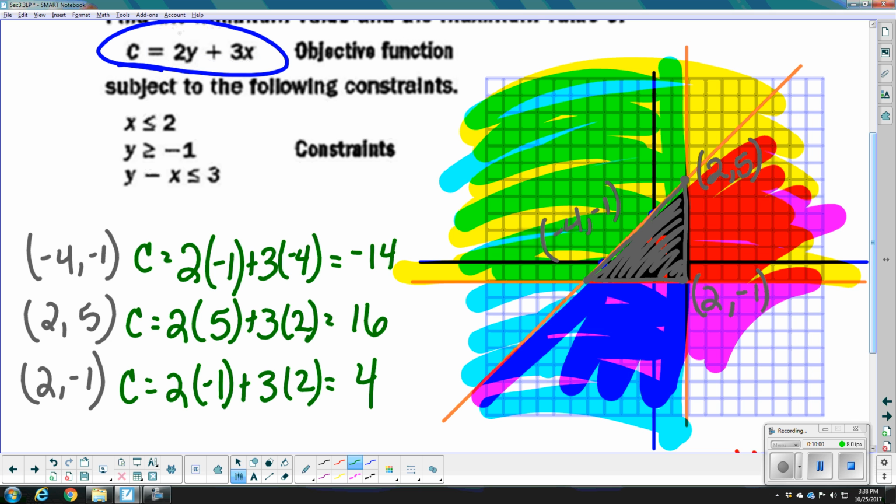So if you think about your number line, which one is furthest to the left? That's your minimum. The one furthest to the right is your maximum. Okay, so this first one, this is my minimum, and the second one is my maximum.